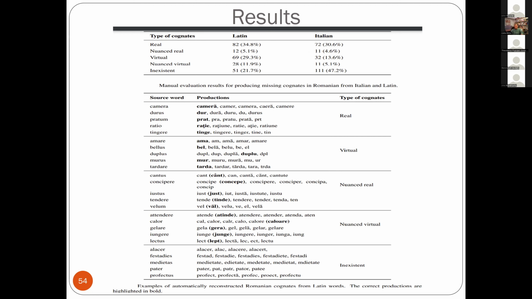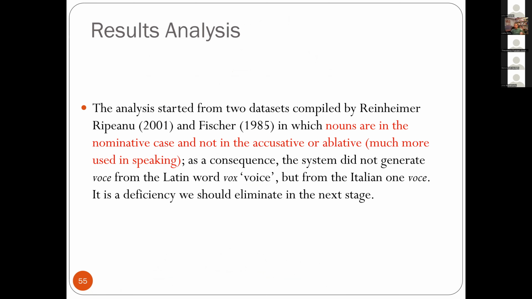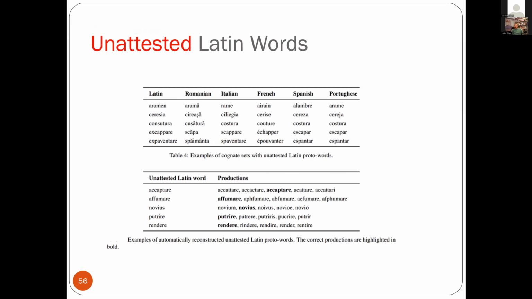So we have for the moment these results with the Romanian form before the Slavic came. The other direction was to look at unattested Latin words, because they always use attested Latin words only for words with historical evidence. If there is no historical evidence, they said we cannot talk about this type of Latin words, the ones with an asterisk, the star words.